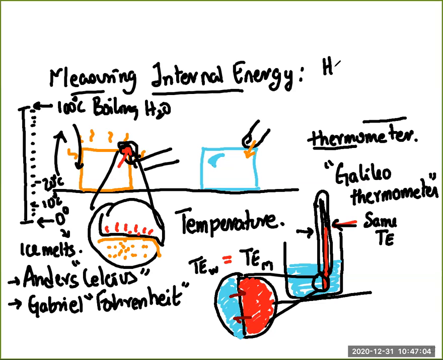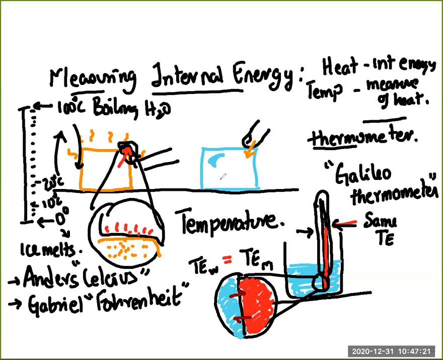One is the heat of an object, which is the measure of its internal energy, and temperature, which is the measure of this heat. Okay, and with these two concepts we should be able to further understand what the coming concepts are going to be.